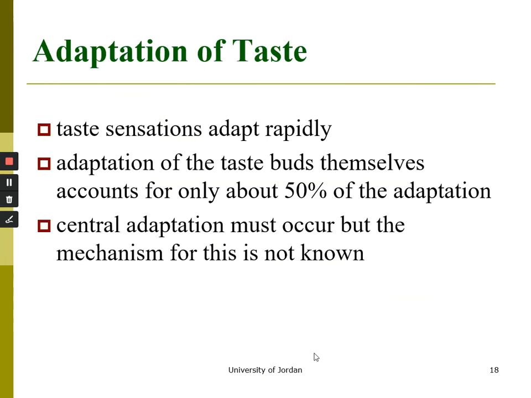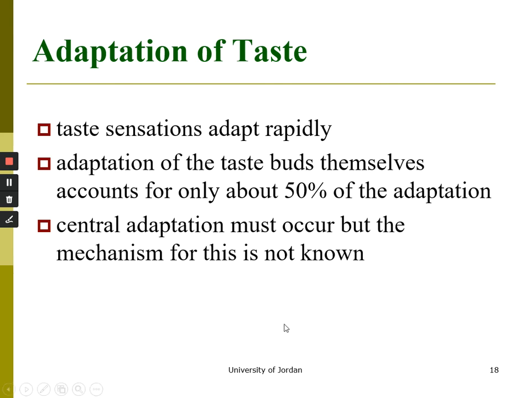So, like other sensations, taste does adapt rapidly. In around 1 minute or so, there is around 50% adaptation. Adaptation might be at the level of the receptor, or sometimes at the level of some central adaptation.